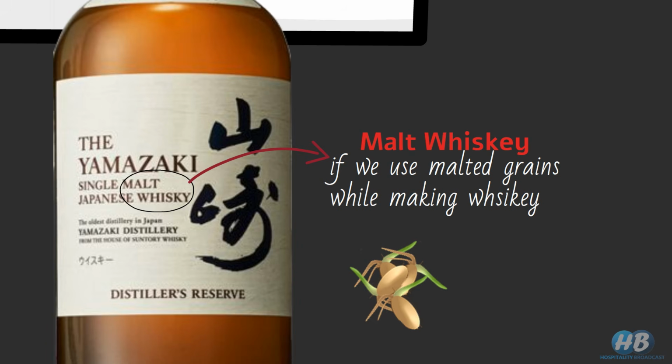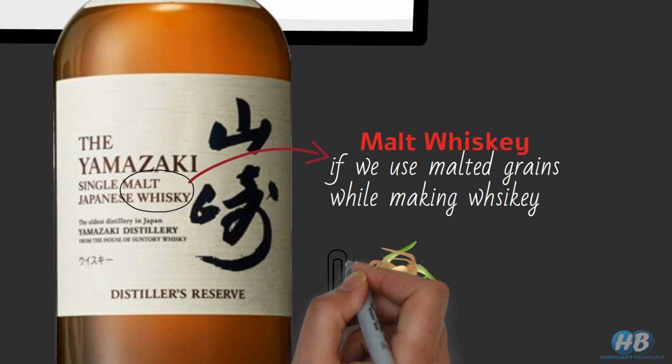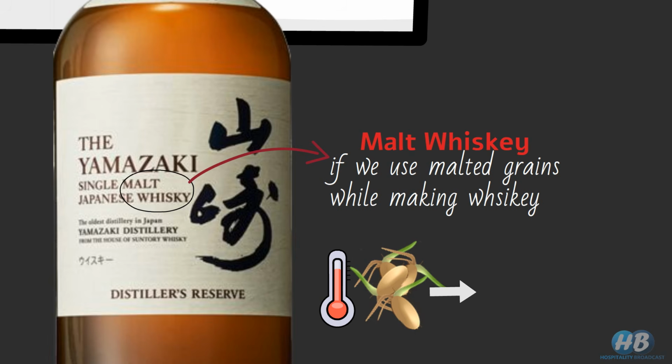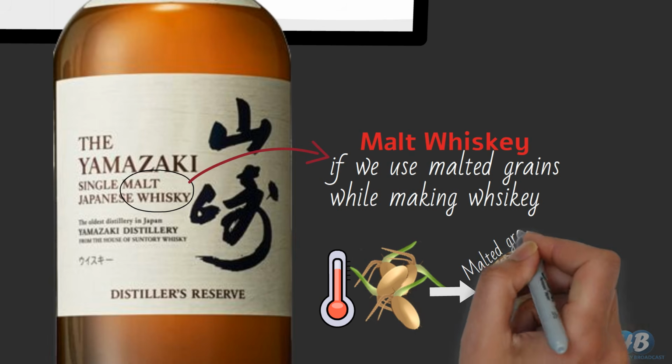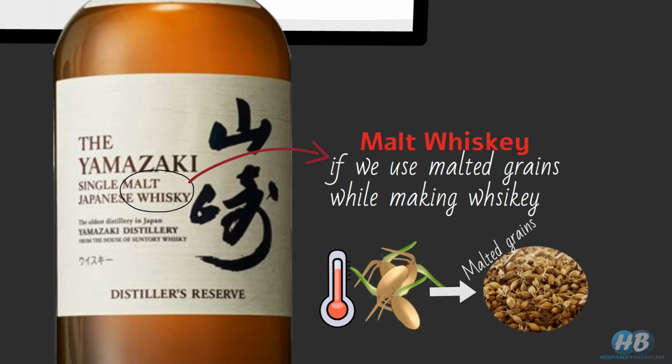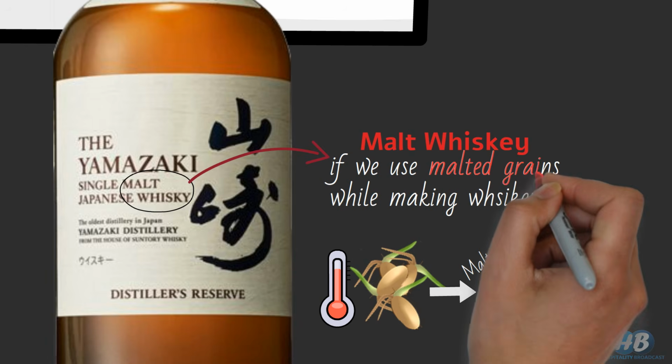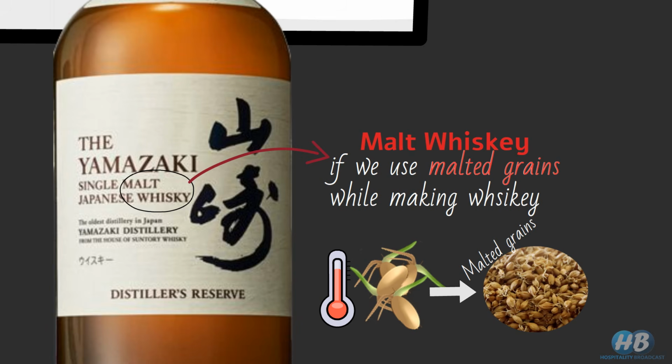Then this germination process is stopped by slow heating and these grains are dried. Now these dried grains are called malted grains. Now if we use these malted grains for whiskey making, then it would be called malt whiskey.